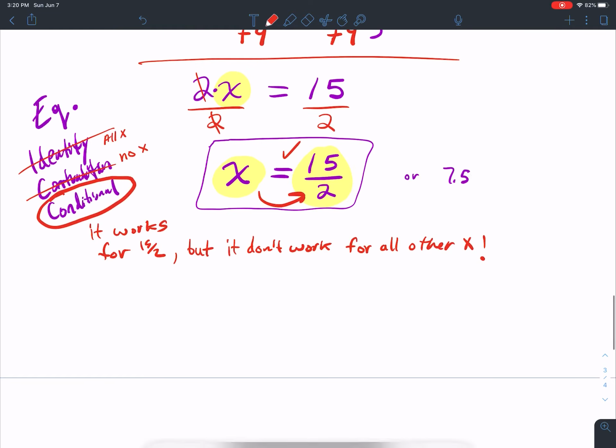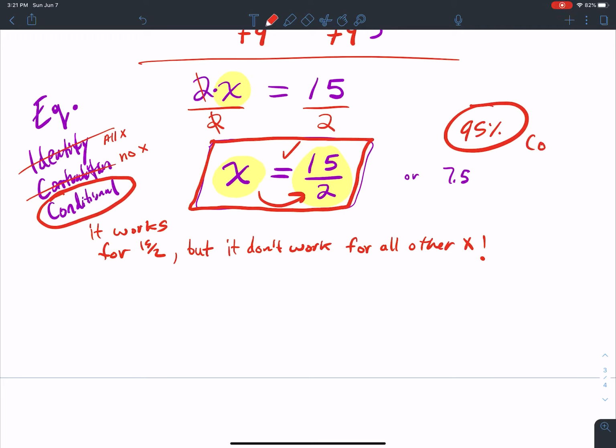Okay, so the only x value that produces a true statement is 15 over 2. So that is the idea behind a conditional. There are only certain values that actually work. And like 95% of the problems we do are conditional. So most of the problems we do are conditional.